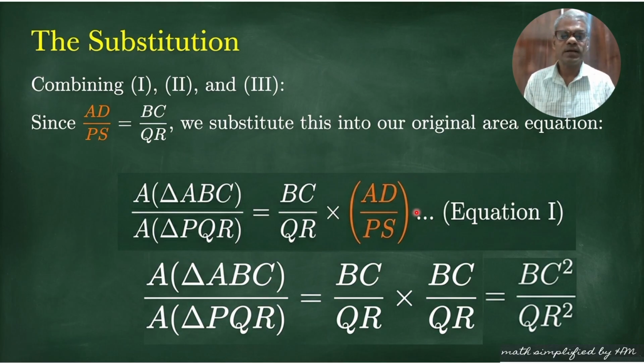We replace AD upon PS with BC upon QR. We get area of triangle ABC upon area of triangle PQR is equal to BC upon QR into BC upon QR is equal to BC square upon QR square.